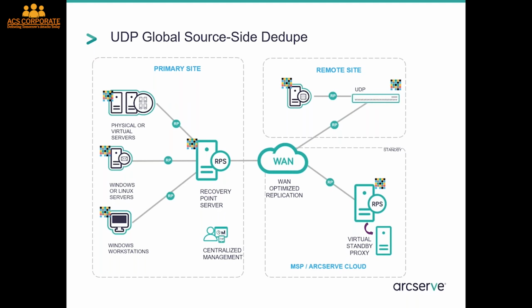This is our dedupe global repository, and it's comparing data structures coming in from all the different sources that are being backed up across your network and in your environment. But the dedupe doesn't stop there. With UDP, as well as doing that source-side global dedupe and really significantly lowering how much data we're backing up, we can use low-cost storage to hold that backup data.